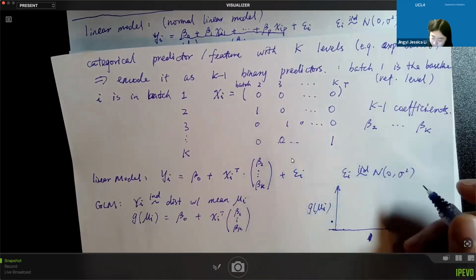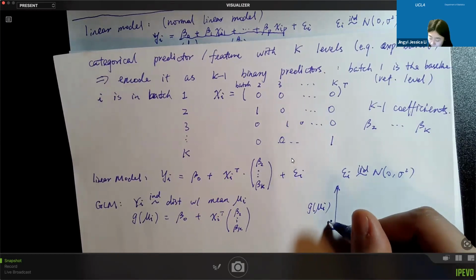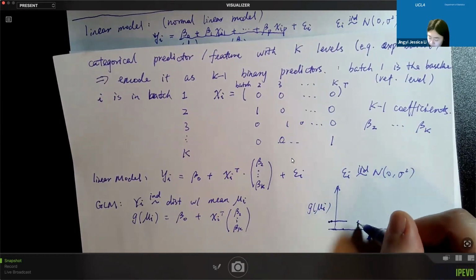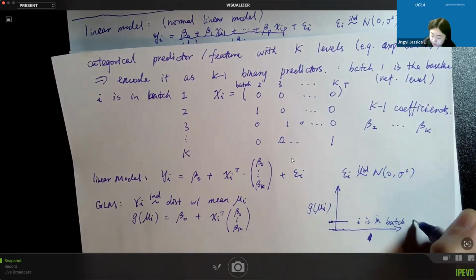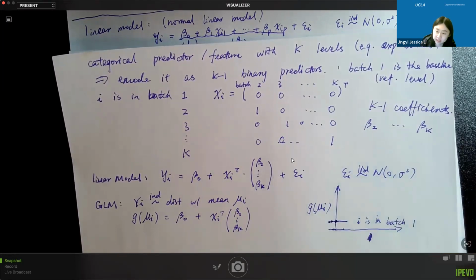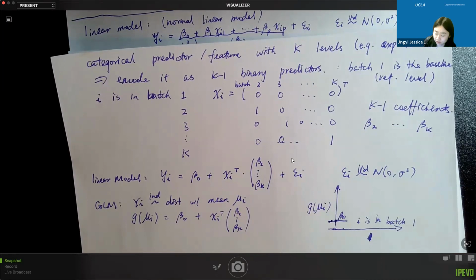Basically, what I want to say is that if observation i is in batch 1, then on the y-axis what I have is beta 0. That's the intercept. So the mean will just be beta 0.